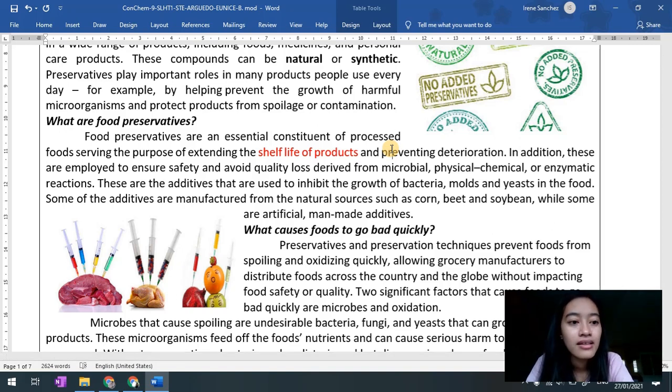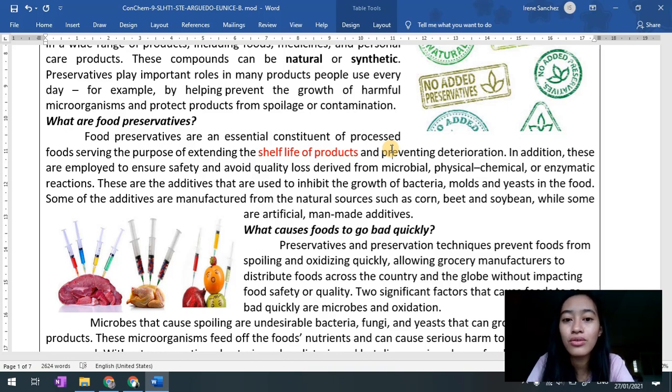In addition, these are employed to ensure safety and avoid quality loss derived from microbial, physical, chemical, or enzymatic reactions that can happen, because whenever there's a condition where microbes can grow, chemical reactions happen, and it damages the food.